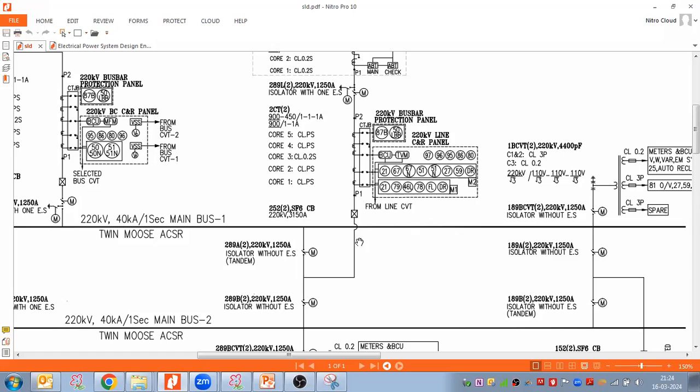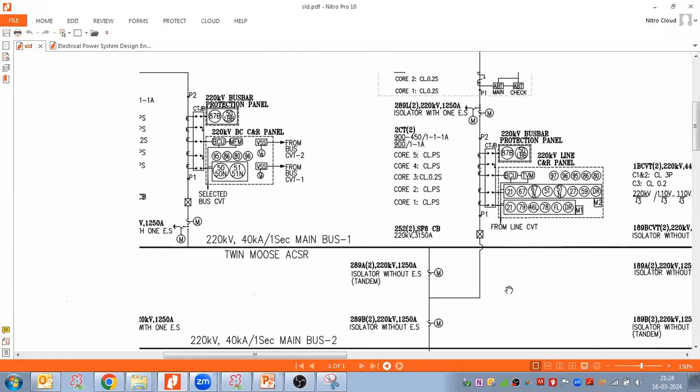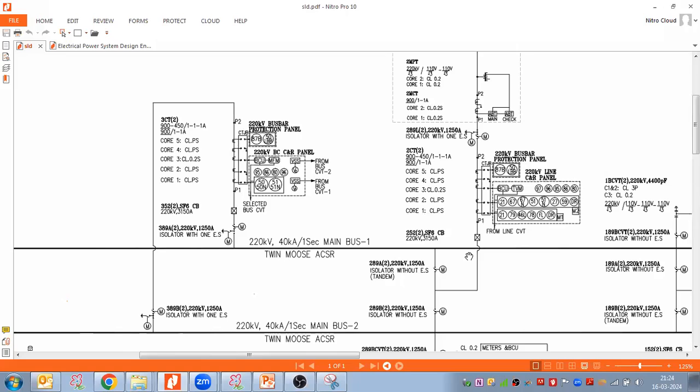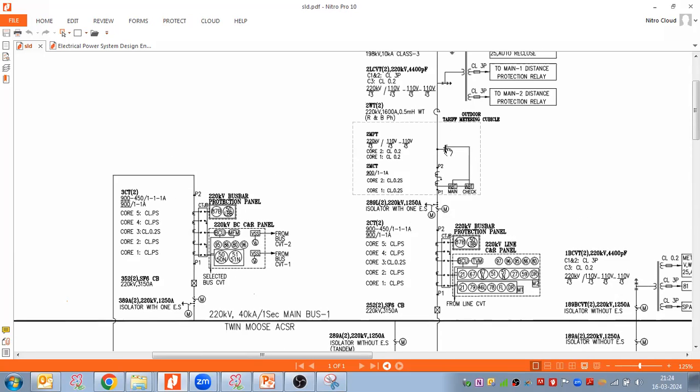SLD is a very important topic for the interview, and you will face a lot of counter questions when you are making the SLD, just because they want to know whether you have an in-depth, proper understanding of the SLD or not. Due to that, there would be counter questions about the equipment interconnections.